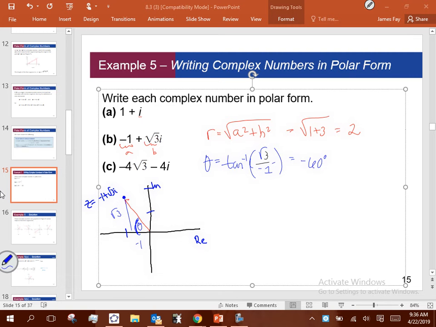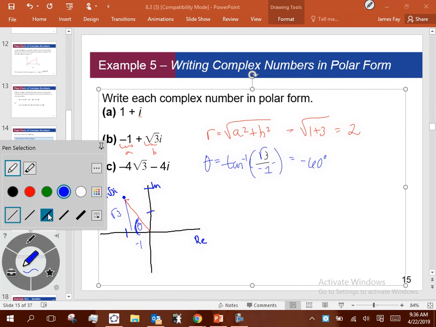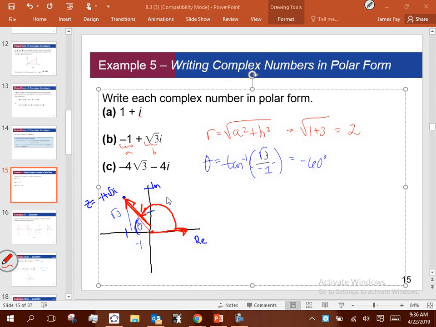We don't want positive 60 degrees either. Theta for us, remember, is the direction from that axis right there to that vector right there. So the theta that shows up in our r cis theta is that right there. Does that make sense? So how big would that be? Say again? 120. So 120 degrees is the theta that we're interested in when we type it into r cis theta.